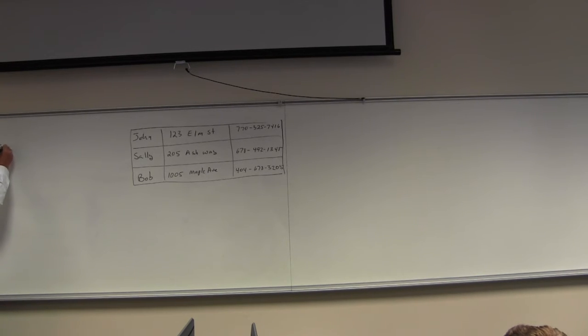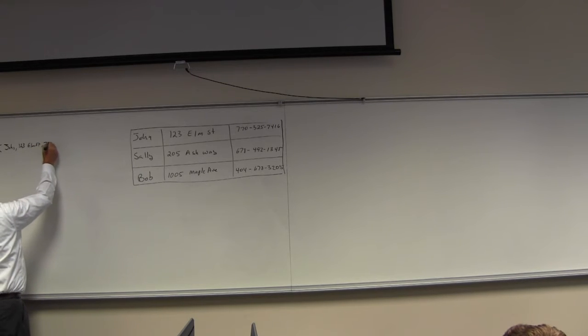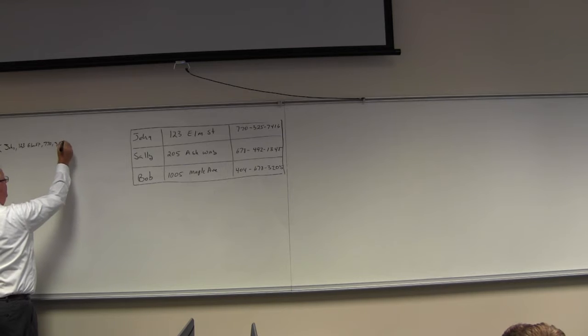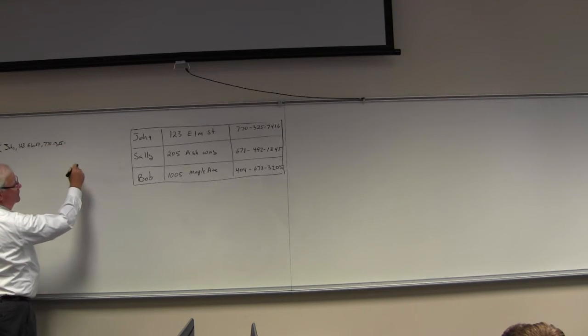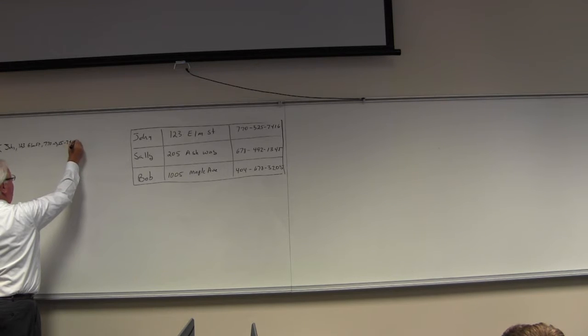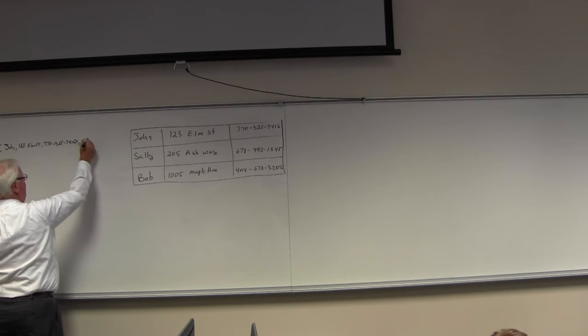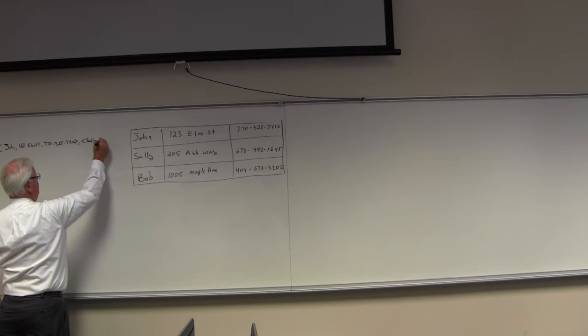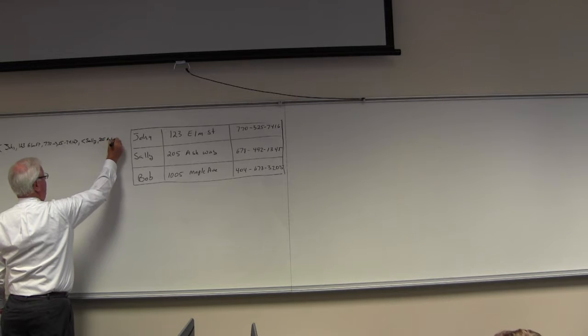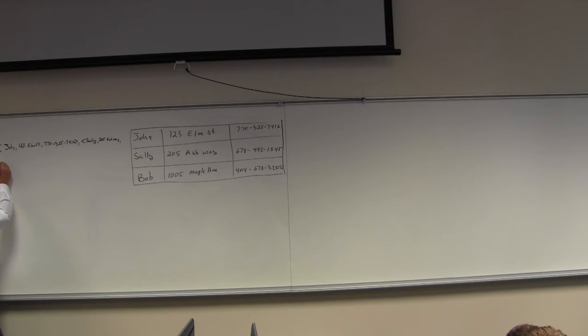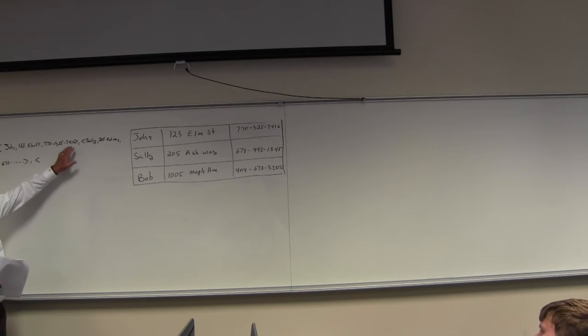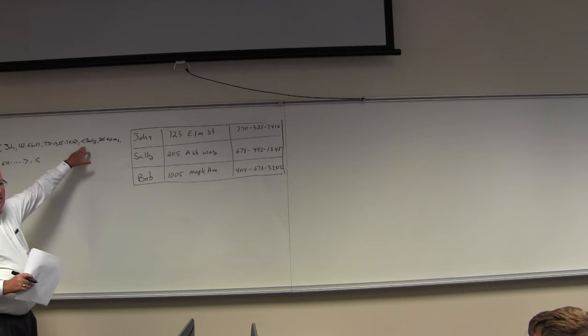And we could say John, comma, 123 Elm Street, comma, 770-325-7416, comma, Sally, comma, 205 Ashway, comma, 678, etc., etc. And notice what we're doing between the relations, we're separating these using these marks here rather than parentheses or anything else.